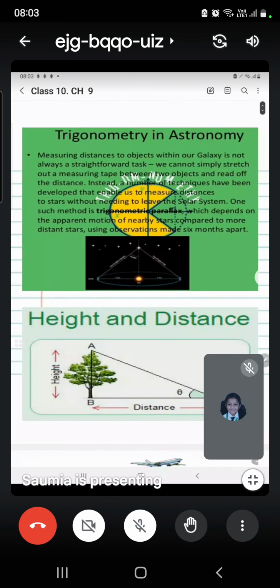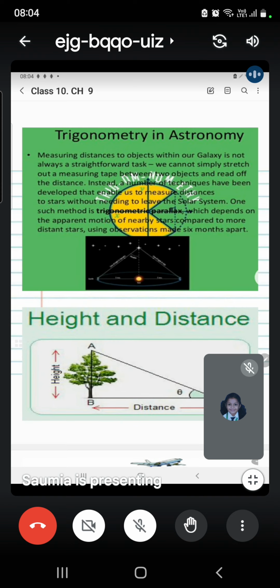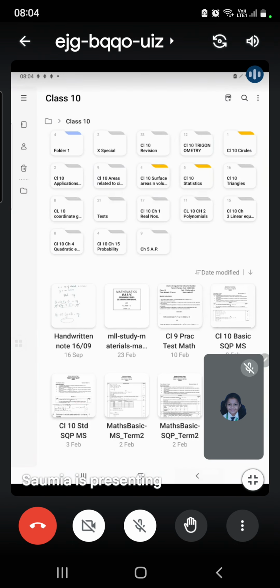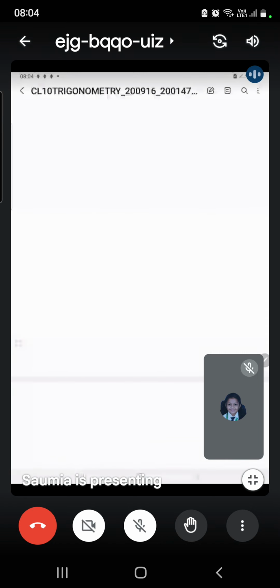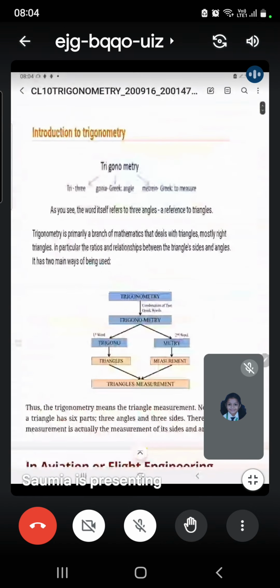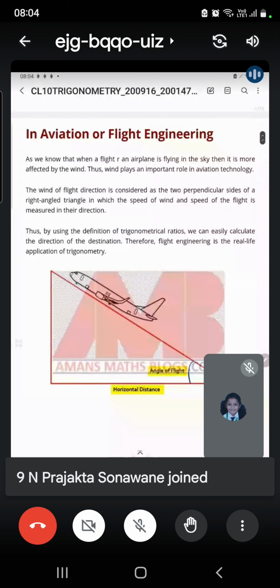Okay. Now, trigonometry has a wide range of applications. I think we did not see the collection of applications that I put in the classroom, since this chapter we had done in class, I couldn't show you all these things. These are the different areas where trigonometry is applicable.